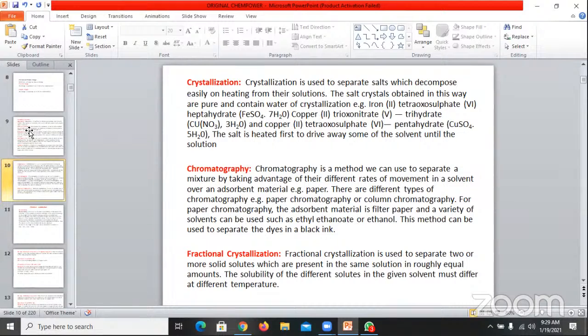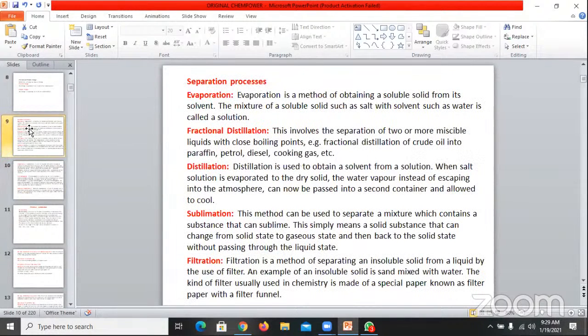I want you to take note of the various separating processes that we looked at. Evaporation, when you're separating a soluble solid from a solvent. Fractional distillation, when you're separating miscible liquids with close boiling points, like in petrol. Distillation, when you're separating solvents from solution. Remember, evaporation is for a soluble solid from solution, whereas distillation is for solvents from solution.